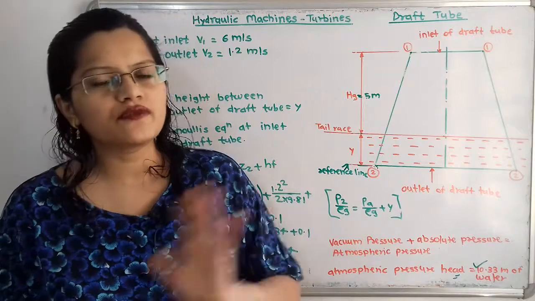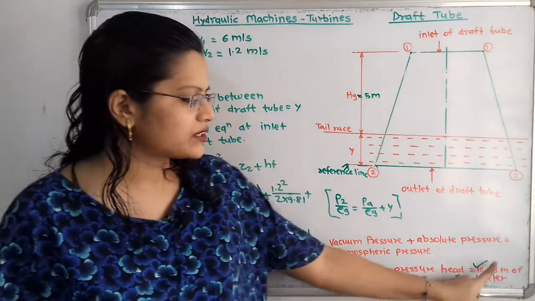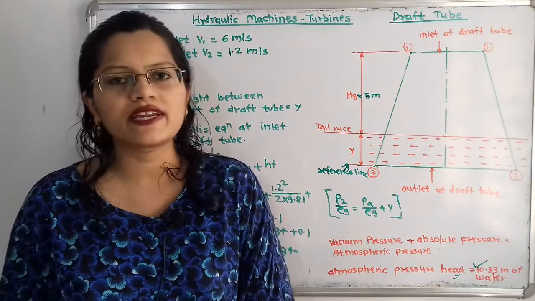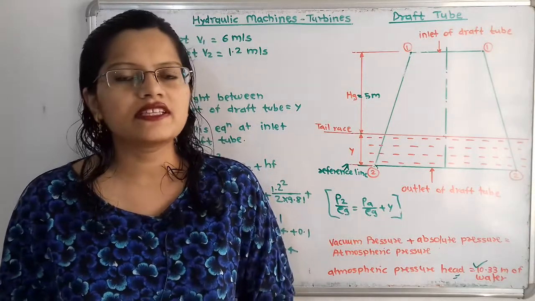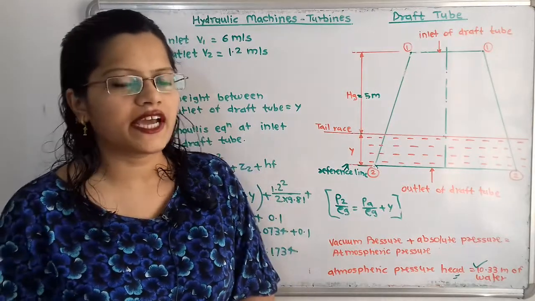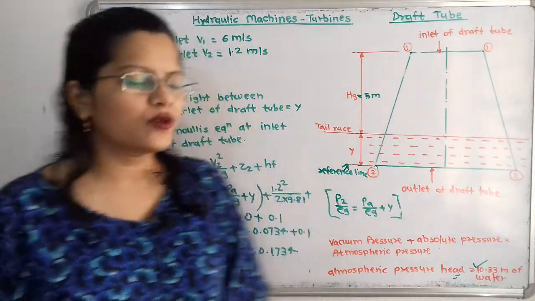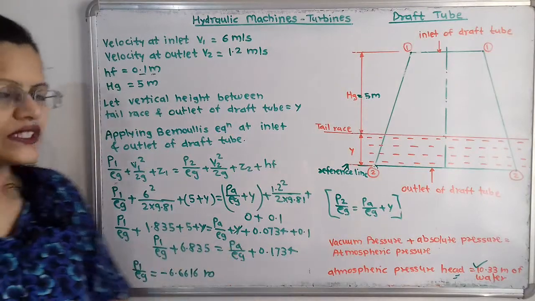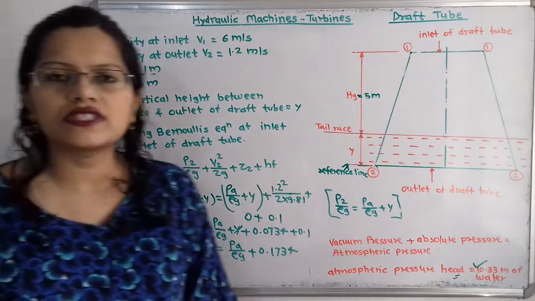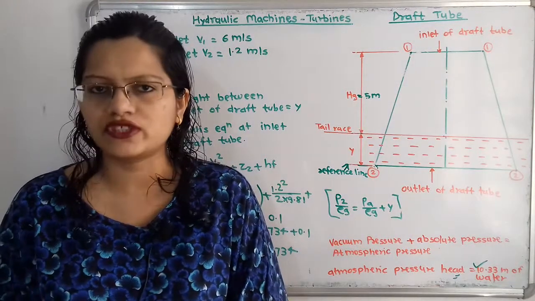When it is mentioned, we have to take the atmospheric pressure head as 10.33 meter of water, and we will get absolute pressure. But in this question it is not mentioned, so we will take atmospheric pressure head as 0, and when we put Pa by rho g as 0, we will get the answer for this P1 by rho g in the form of vacuum pressure head.